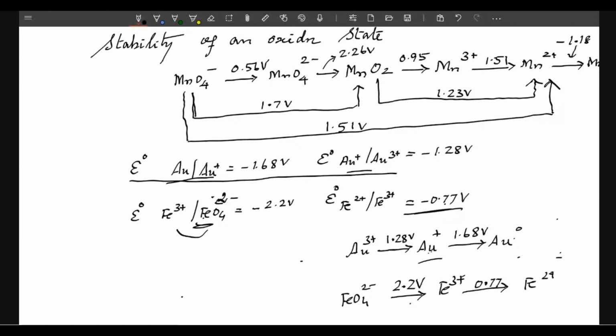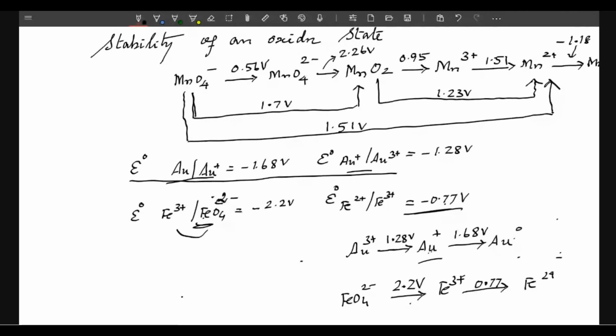Then 2.26 volt to the next one, 0.95, the value is decreased. And then the next one, the value is increased. Next one, the value is decreased. Generally, when the reduction potential value gradually decreases from left to right, then all the intermediate species are stable. No species would undergo disproportionation.